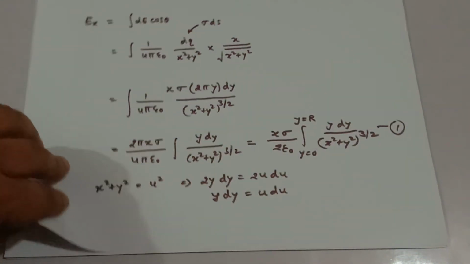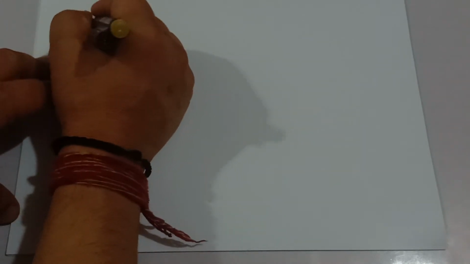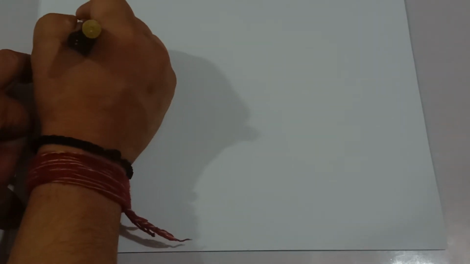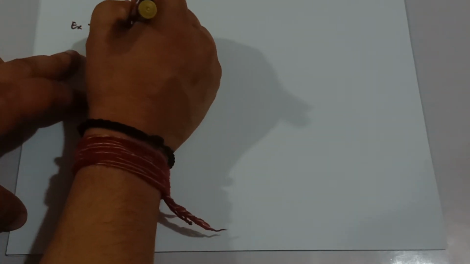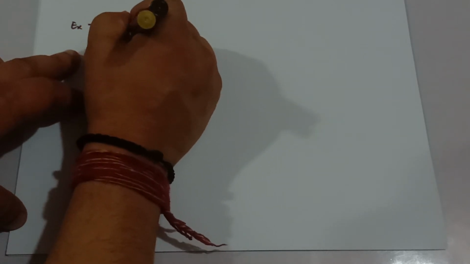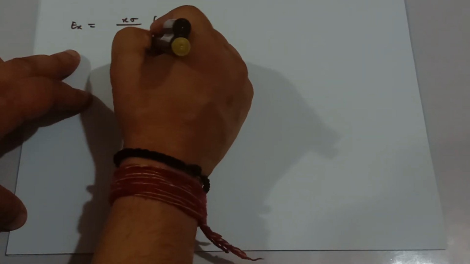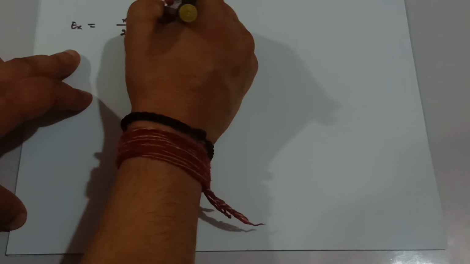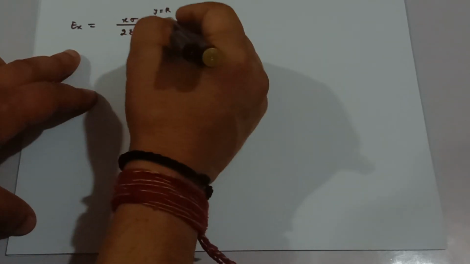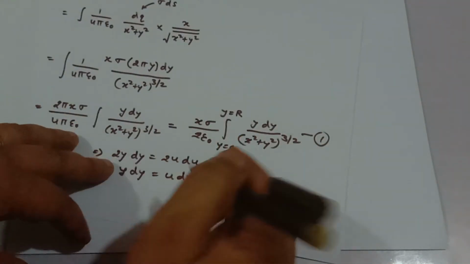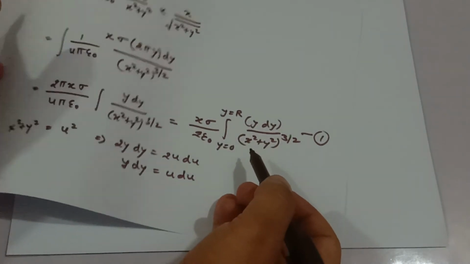So you can write this as equal to, so the electric field along the x-axis would be x into sigma divided by 2 epsilon naught, with limits from y equal to 0 to y equal to capital R, and y into dy in this case is u into du.